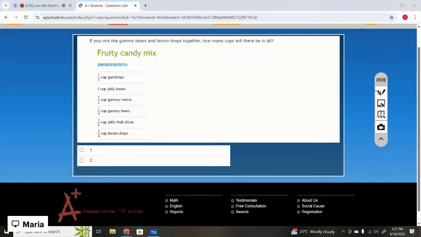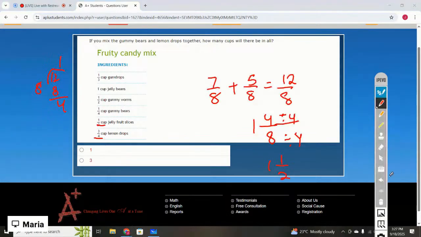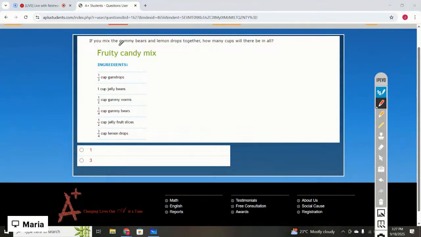If you mix the gummy bear and lemon drops together, how many cups will there be in all? Gummy bears is 1 by 4 cup and lemon drops is 3 by 4 cup.